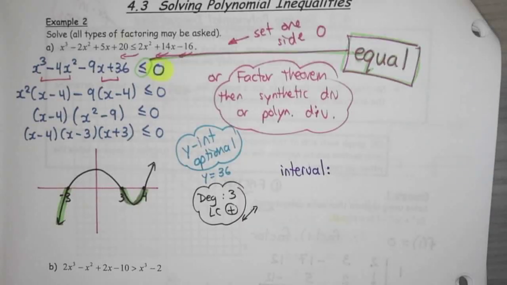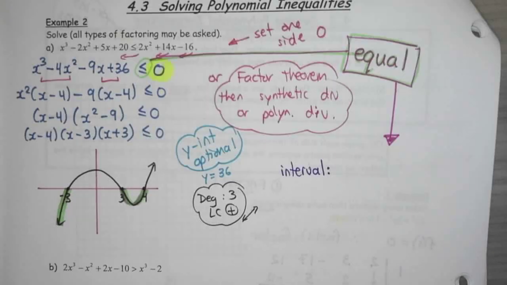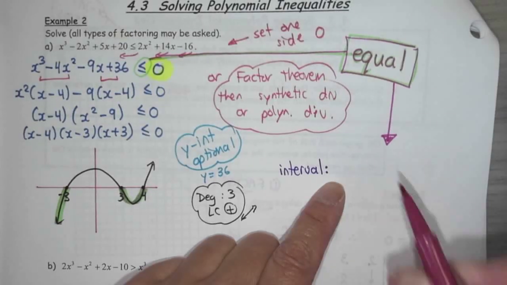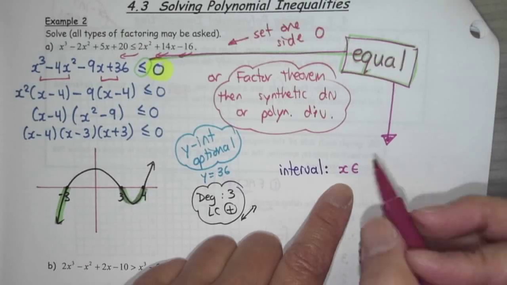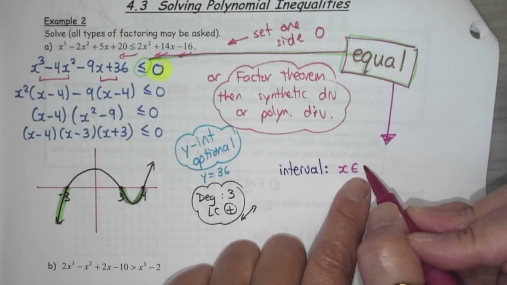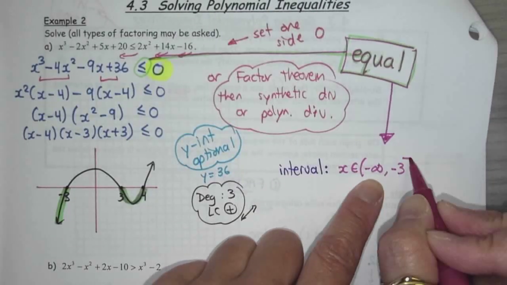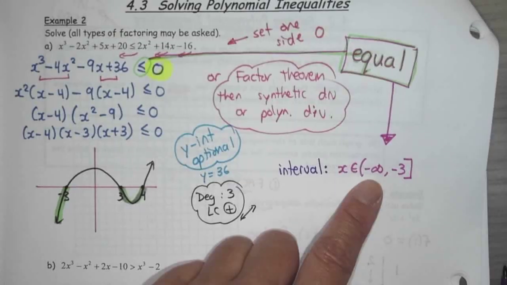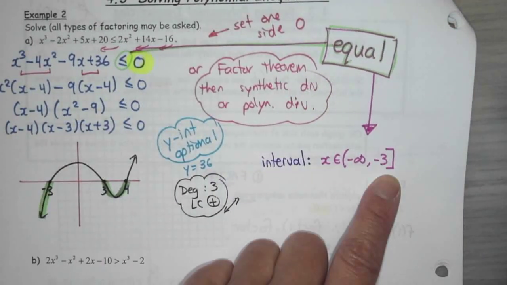That tells me my answer is going to be square brackets. So since it's equal, x is an element of, and we go from the negative 3 to the left, so negative infinity to negative 3 square. From the original inequality, you're telling yourself it's square.